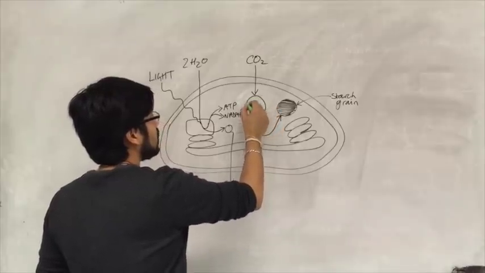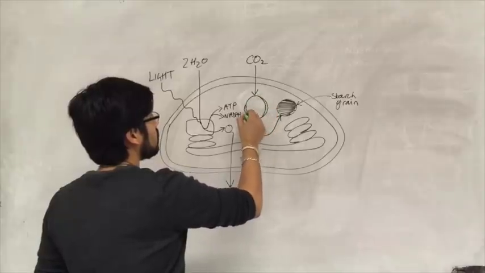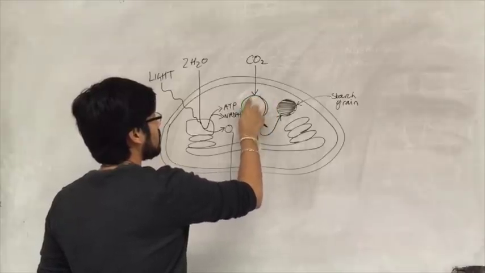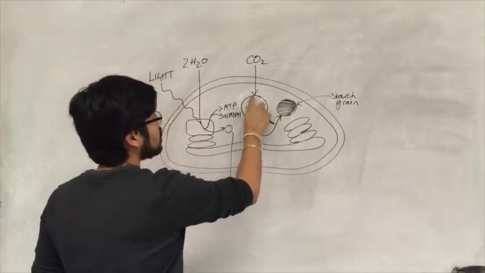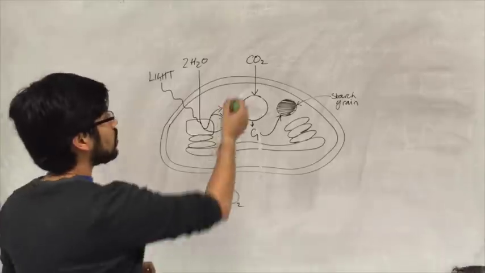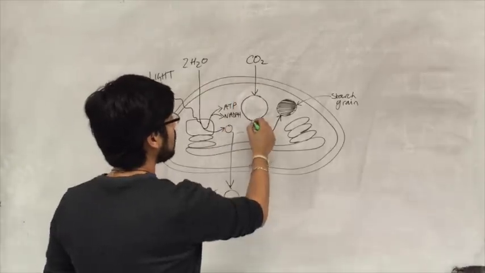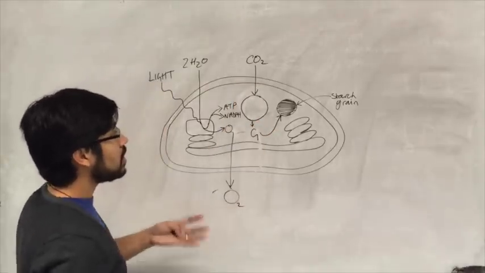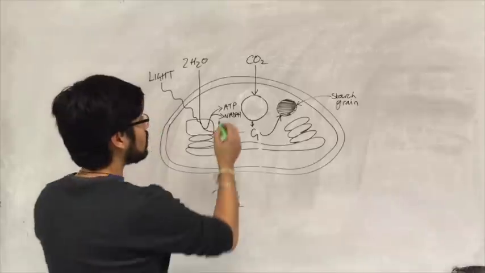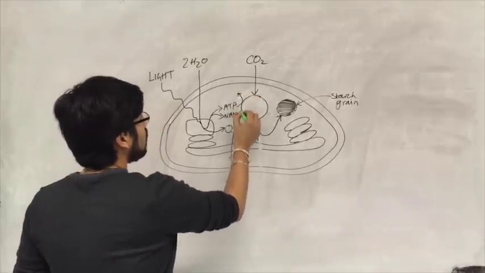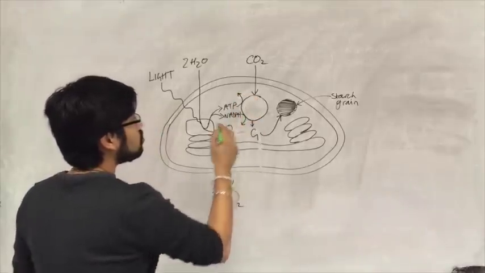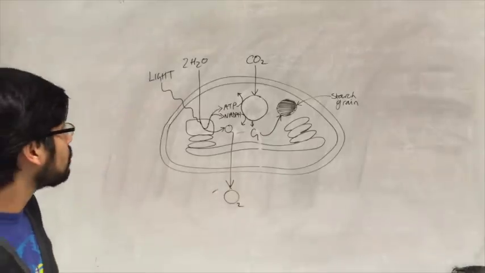So there's a cycle happening here. Wow, it's a terrible cycle. Okay, so this cycle, the light-independent stage, is where carbon dioxide gets used to make glucose essentially, but that stage will only happen as long as we're providing ATP and NADPH to drive that process.